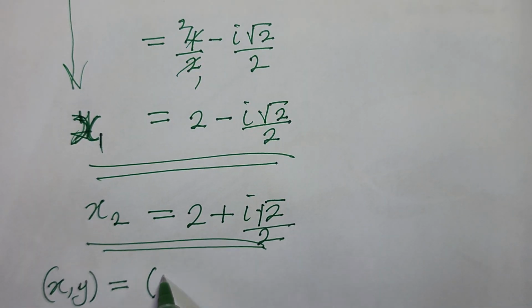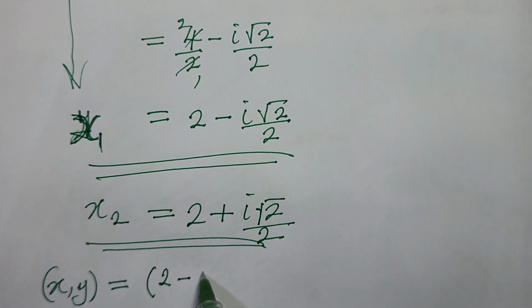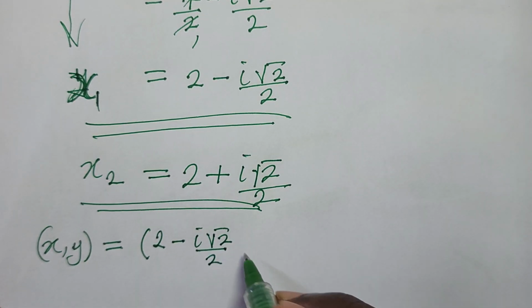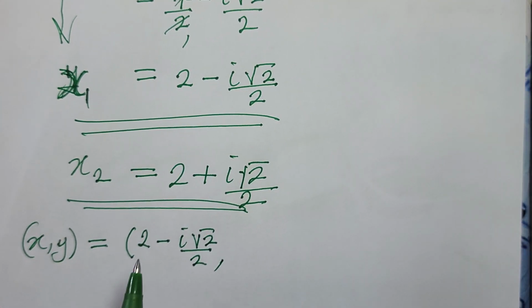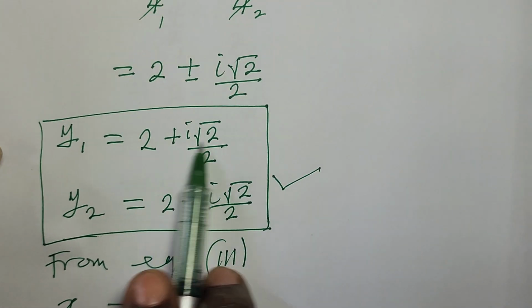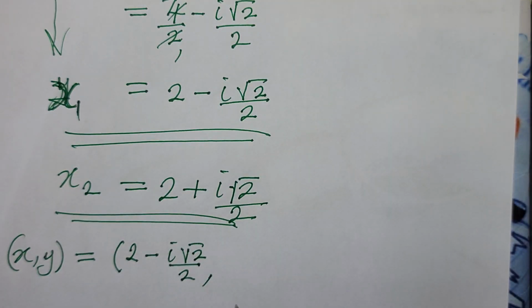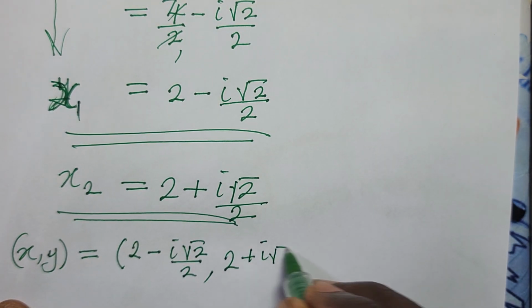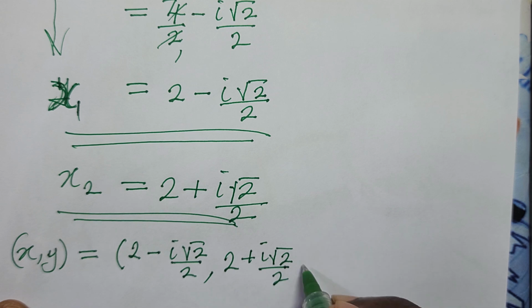So this is going to give us 2 minus i root 2 all over 2, comma, then our y1, which is this. So our y1, we have it to be 2 plus i root 2 all over 2.